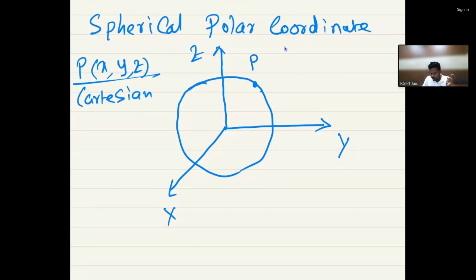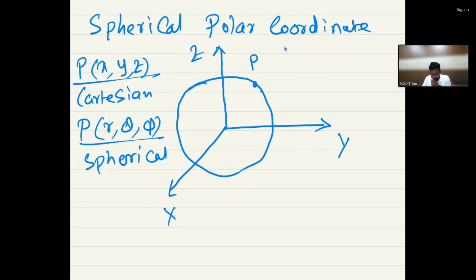But at the same time, I told you that you can assign spherical polar coordinates, which will be r, theta, and phi.